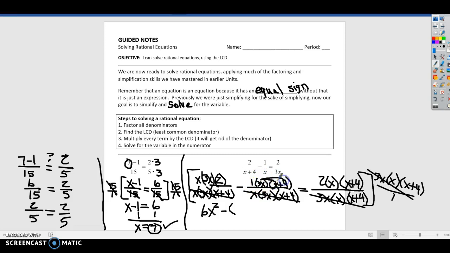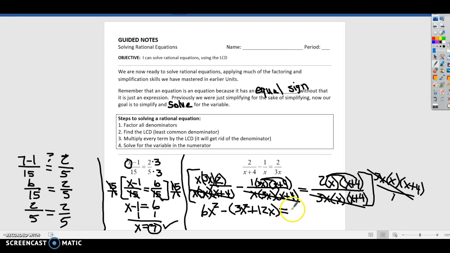And then I have to distribute here, and I get 3x squared plus 12x. And again, that negative gets distributed, so that's why I use the parentheses so that I don't forget that negative sign. Okay? Now I've got 2x, and I've got to distribute that here and here as well.